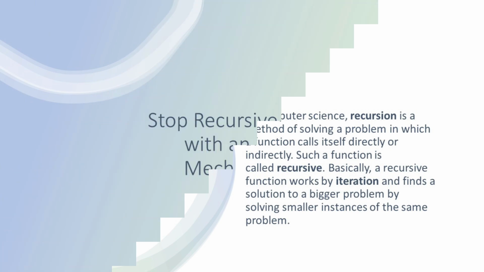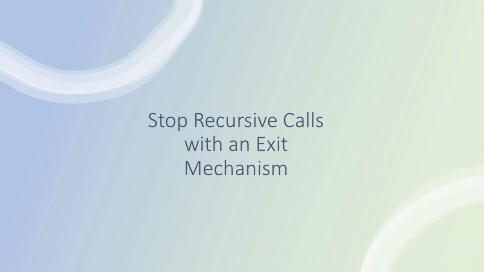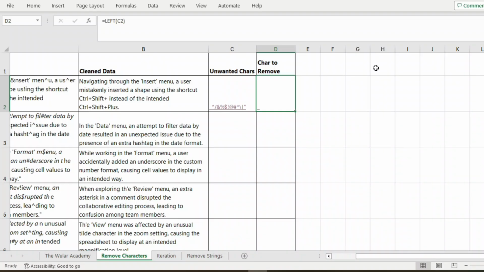Also, you need to understand that whenever you develop a recursive lambda function where the function calls itself, there should be an exit mechanism, because if there isn't any exit mechanism, the function will keep calling itself again and again and again, and this loop will continue forever, and the end result will be that the function will not work. So there should be a mechanism for the lambda function to come out of the loop, and this mechanism is usually done with the help of the IF function.